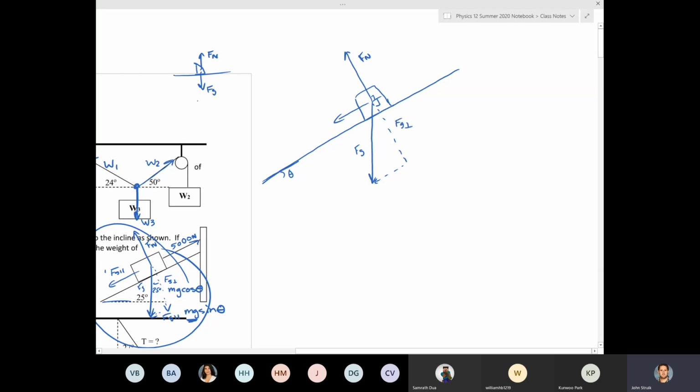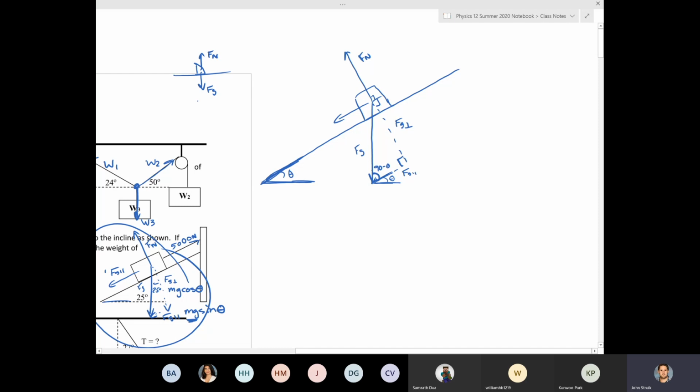FG parallel. Now if you imagine this angle right here being formed between those two lines, this line right here is parallel to this line right here, which means that this angle right here is theta. Now if that's theta and FG is going straight down, then this angle right here is 90 minus theta, because this is parallel perpendicular, that's a right angle.